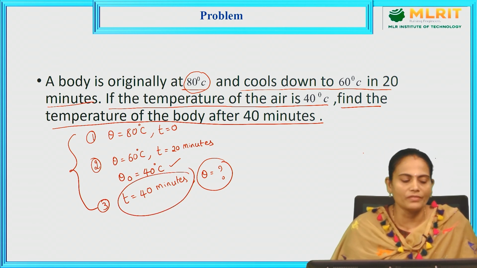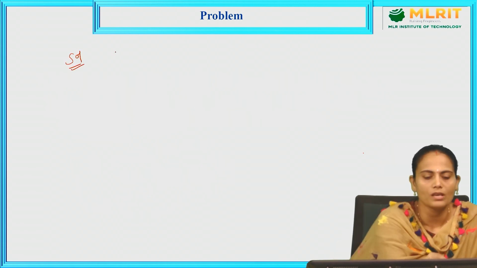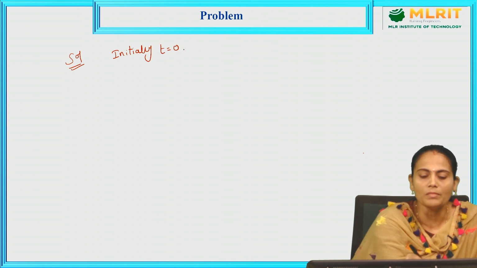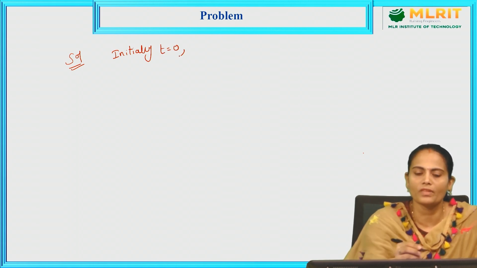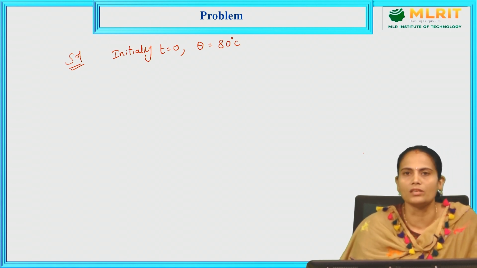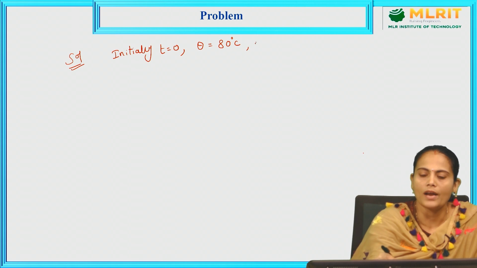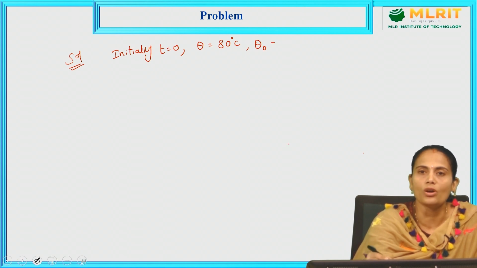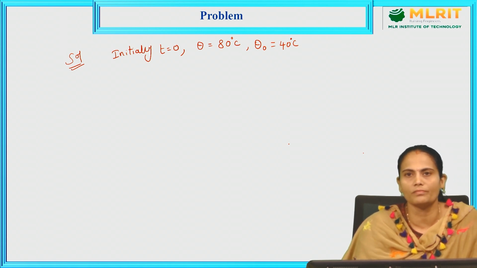Then how can we find it? See the solution now. Initially, time is equal to 0. At that time, what is the temperature given? 80 degrees centigrade. And also given, theta naught is nothing but the air temperature. The air temperature is 40 degrees centigrade.